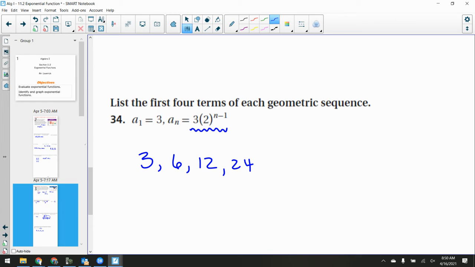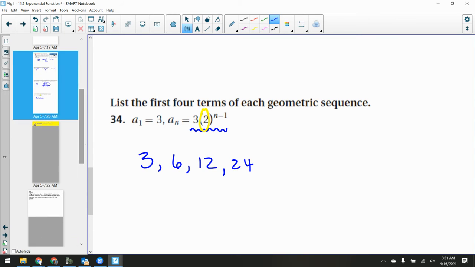You see that? I didn't need to run the numbers in the equation. Could I have? Sure. I could have said, okay, plug in 2, plug in 3, plug in 4 to find the first 4 terms. But I didn't need to because I could see out of the equation the R value was going to be 2. And if the R value is 2, that means I'm multiplying by 2 each time.